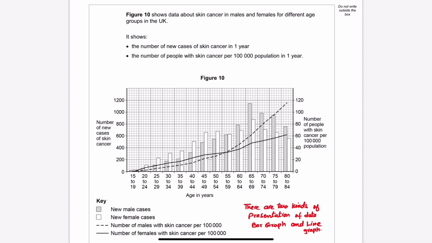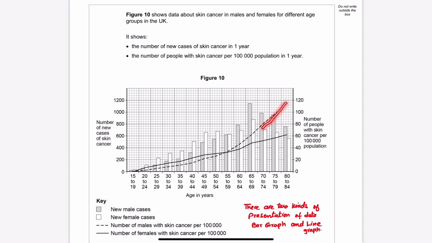This graph looks a bit complicated. There is a bar chart and line graph combination. The gray bars show the new male cases, whereas the white bars show the new female cases.